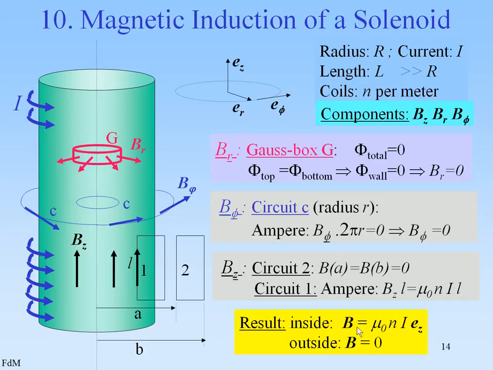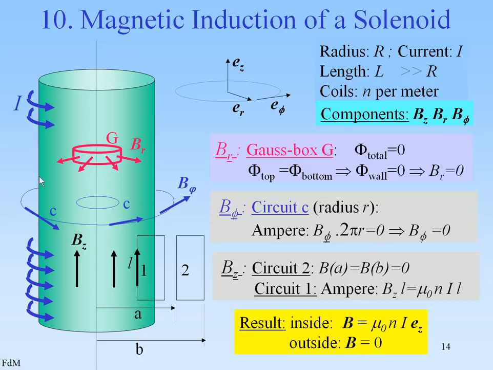The consequence is that inside, B is a constant field, independent of the position inside the solenoid. One remark: in this derivation of circuit C, we have assumed that no current is breaking through that circle.